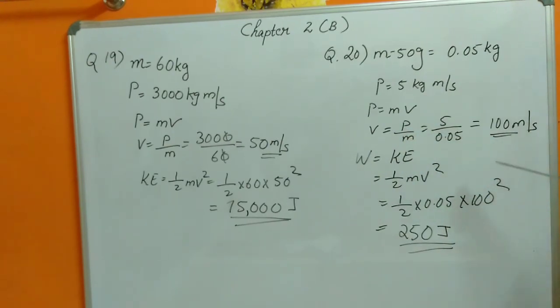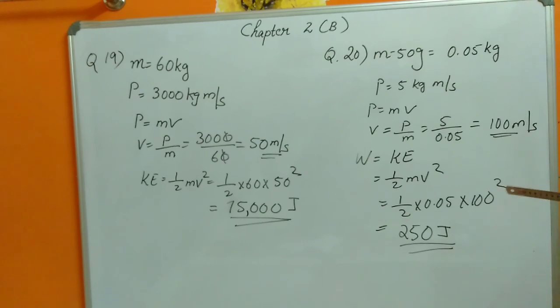In any case, if you are asked to find kinetic energy or potential energy, or if you are asked to find work done, this work done is equal to kinetic energy or work done is equal to potential energy, because work and energy are the same. So to confuse you, they may ask to find the work done. But here we don't have any formula to find work done, because work done is force into displacement.